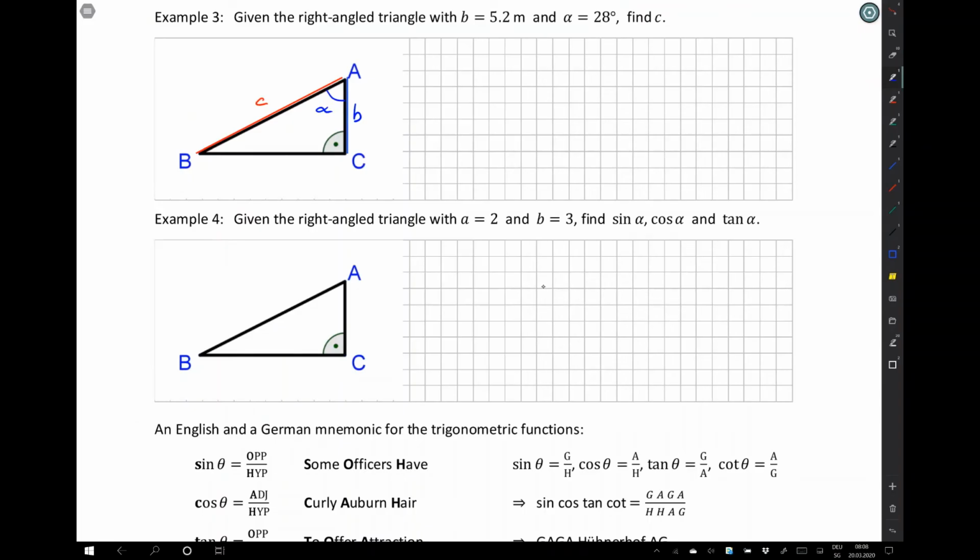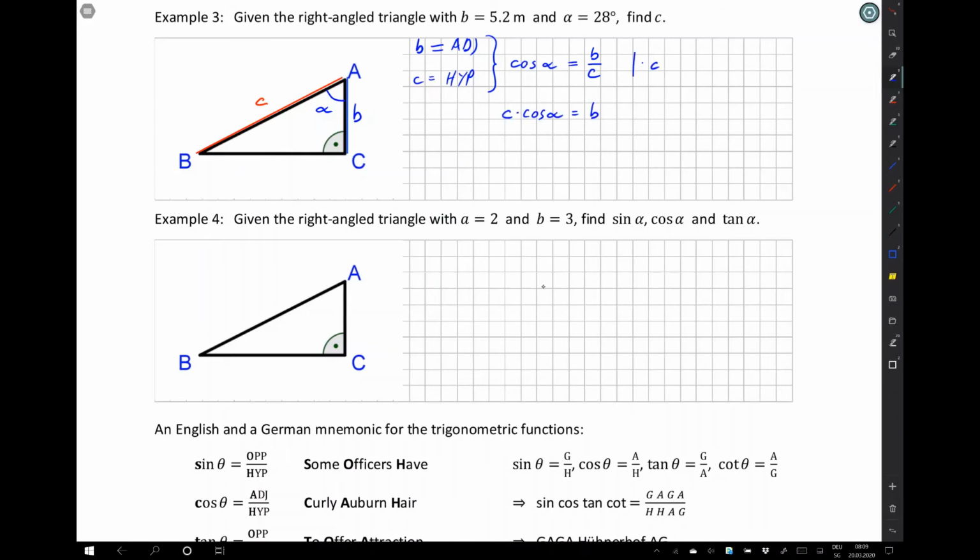In example 3, the side B and the angle alpha are given and we're looking for the side C. B is, with respect to alpha, the adjacent, C is the hypotenuse, so the corresponding trigonometric ratio is cosine. And we get cosine of alpha is B divided by C. Let us solve this for C, so let's multiply with C first.